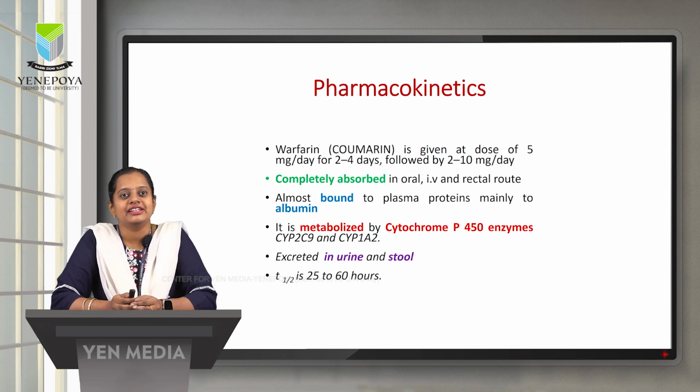Coming to pharmacokinetics of warfarin. So, warfarin has to be given at a dose of 5 mg per day for 2 to 4 days, and then the dose has to be tailored, followed by 2 to 10 mg per day. And this warfarin is completely absorbed orally, and it can also be given by the intravenous route as well as the rectal route.